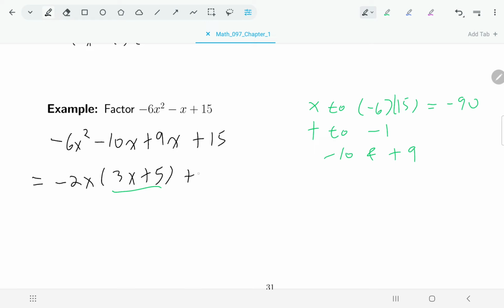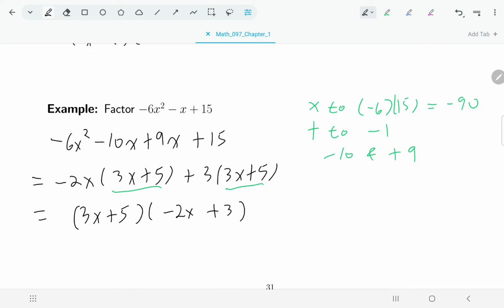And if I factor out a positive 3, that will leave 3x plus 5 left behind. So that means factoring by grouping did work now. So I can take 3x minus 5 out of both of my two big terms. And that will leave a minus 2x and a plus 3 left behind.